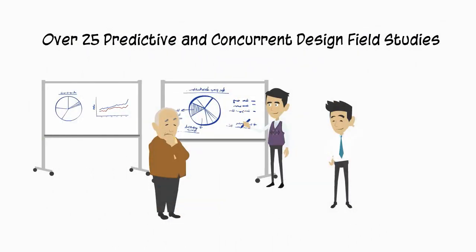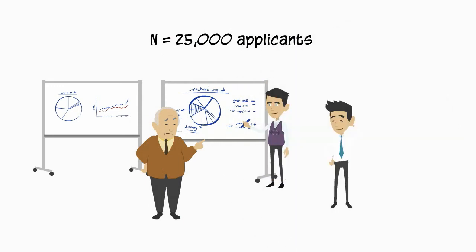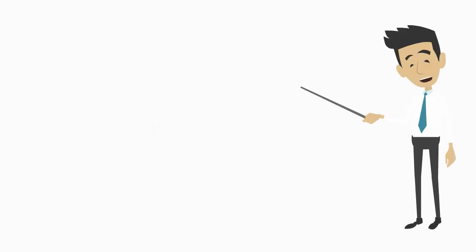We've conducted over 25 predictive and concurrent design field studies just on the profile validity scales alone. The sample size of these combined studies is over 50,000 applicants, which provides for significant statistical power in establishing validity.